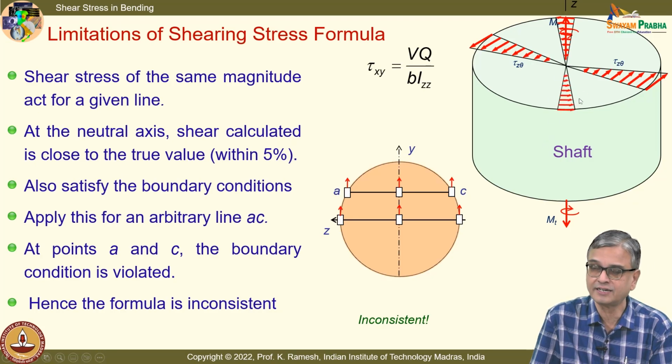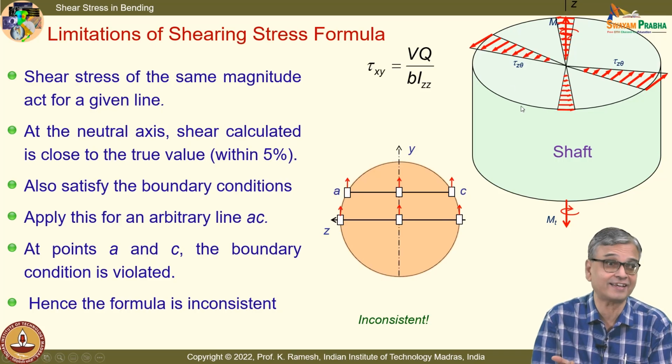Because it is drawn in an isometric view, you do not see that this length is the same as this; because of the drawing requirement, this appears small. So, you have this tangential all around the boundary. That is why you also call this tau z theta.